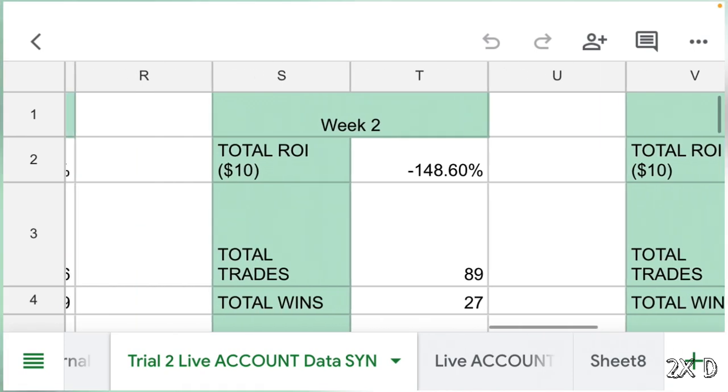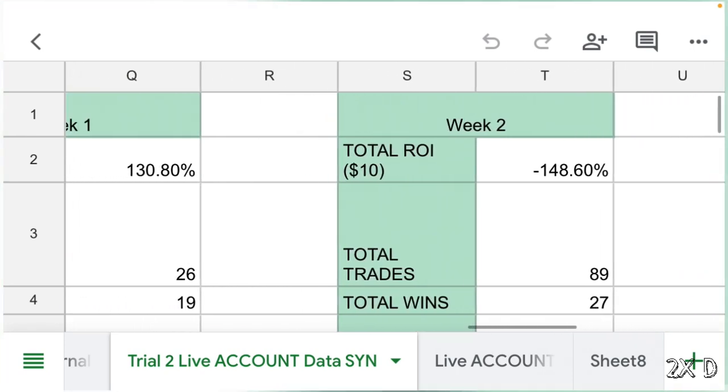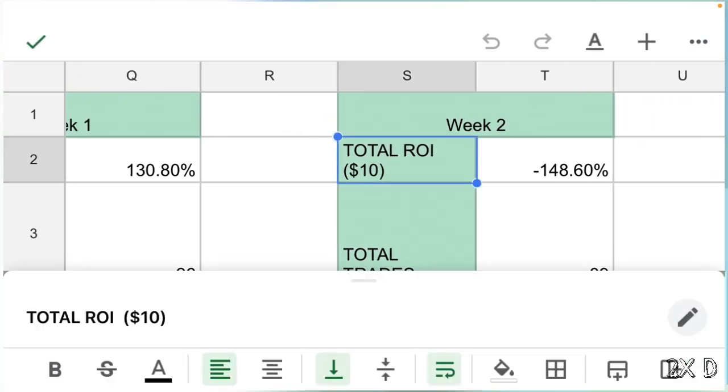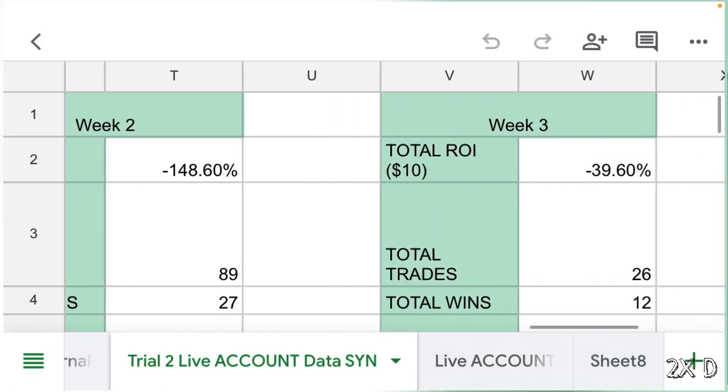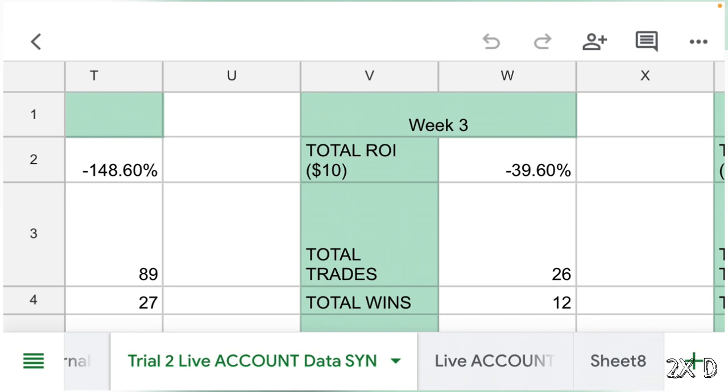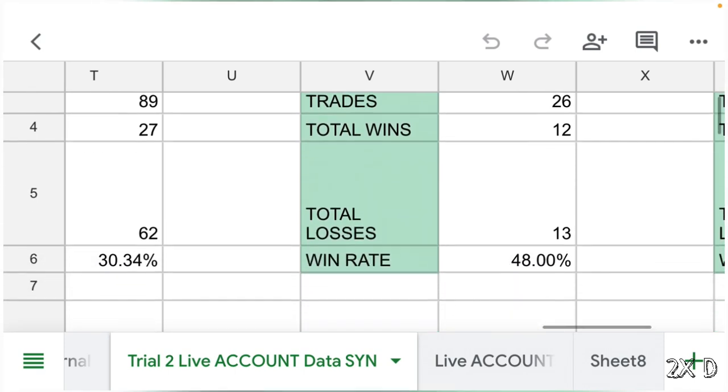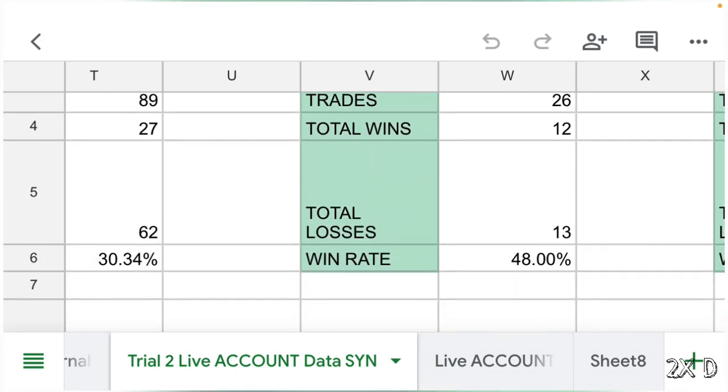The reason I left the total ROI block here at $10 is because that's what I initially deposited in the first week, so I was going off statistics like that. Now my account is basically at $4 after 3 weeks of trading this quote unquote $10 account. In the third week, we had a total of 26 trades, 12 were winners and 13 were losers. So that week, we had a 48% win rate.